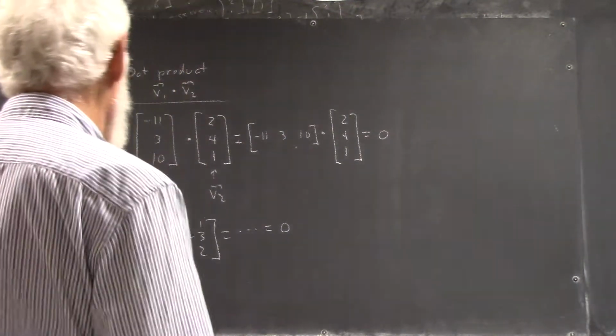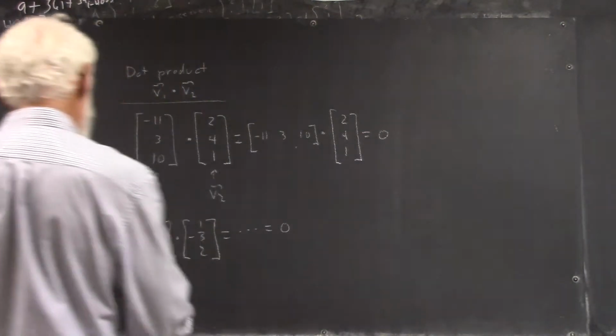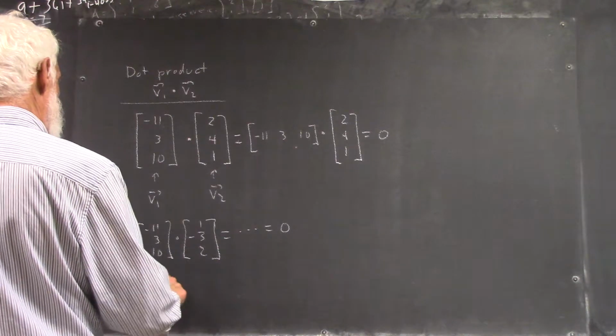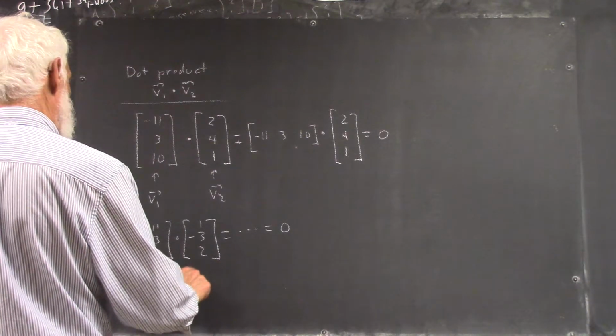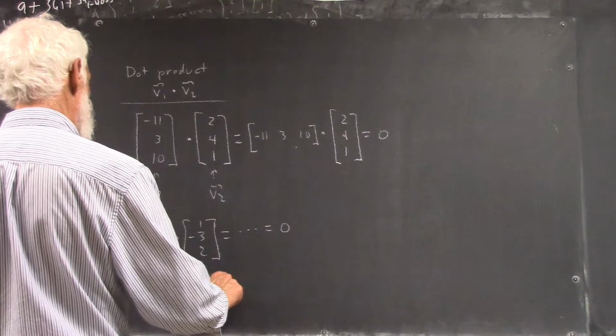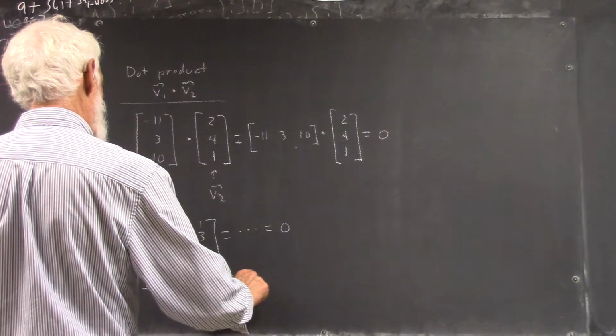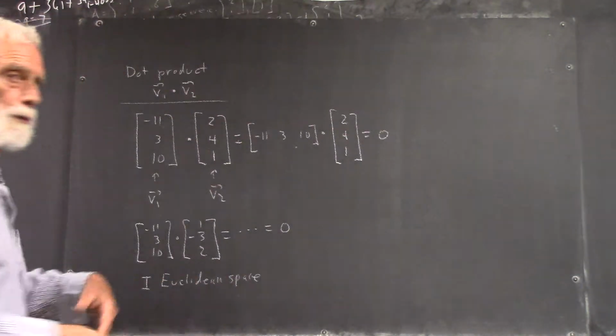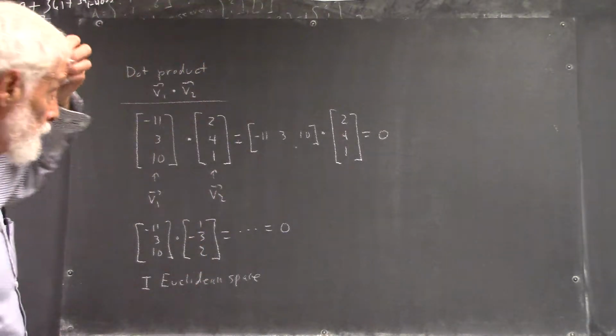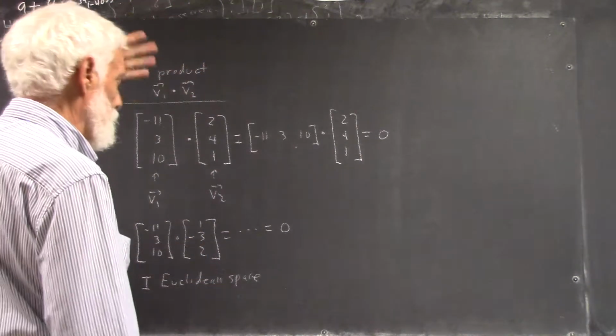Well, in Euclidean space, that's just your usual R2 or R3 or Rn, whatever. But it's got a metric on it and stuff.